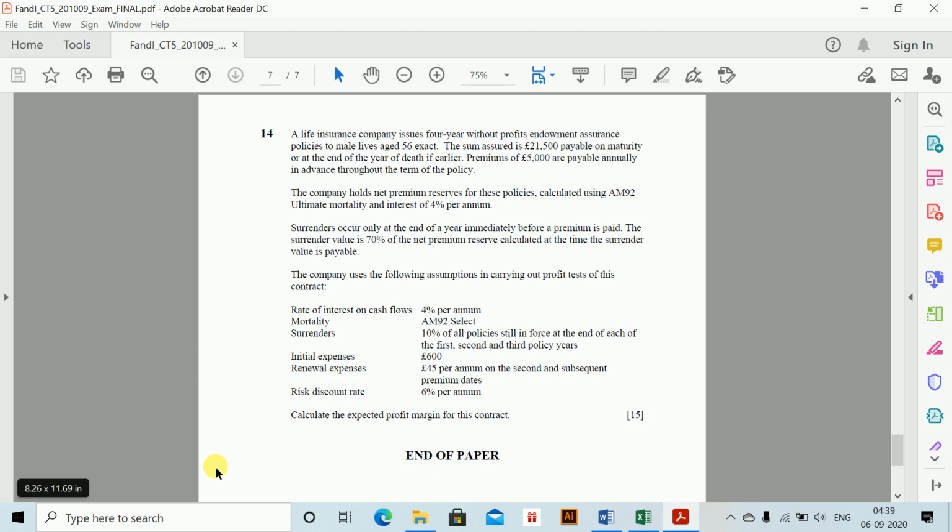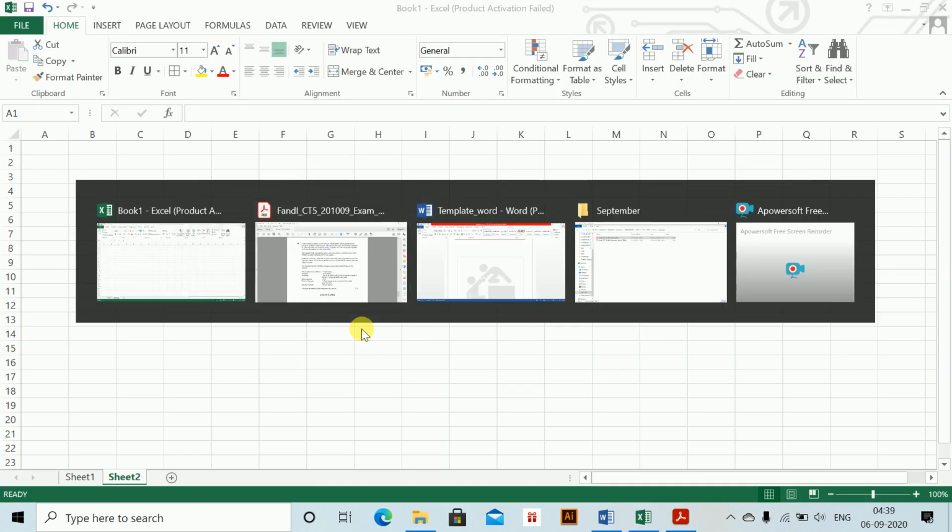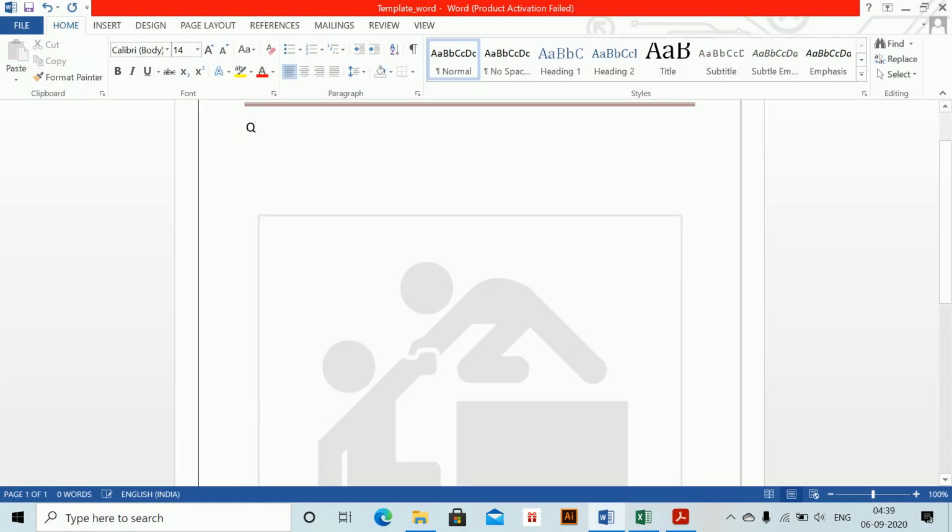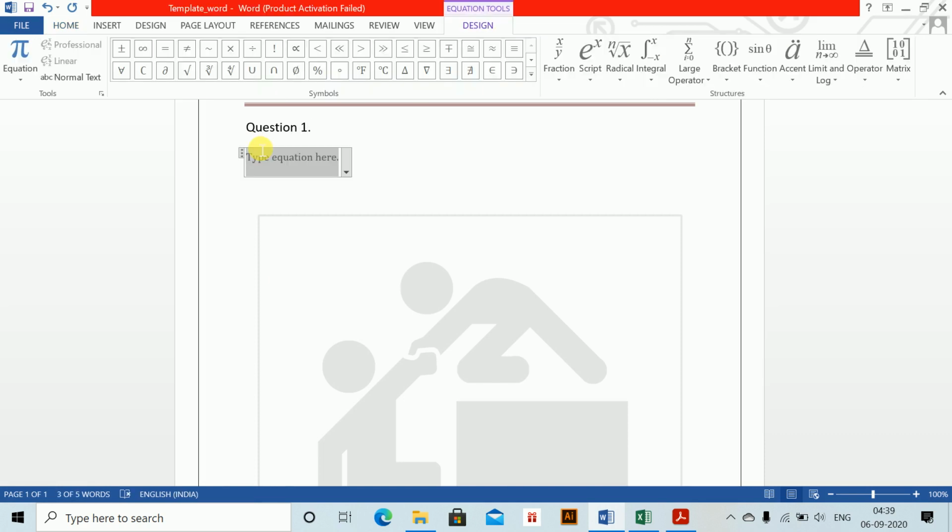So since there are two decrements, first I'll calculate my reserves, then I'll calculate the survival probabilities. So first, coming down to reserves. Question 1, since we need to calculate the net premium reserve, so first just take this.